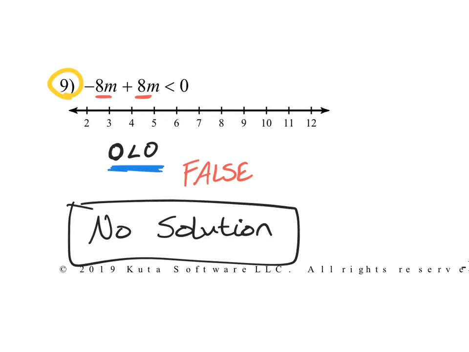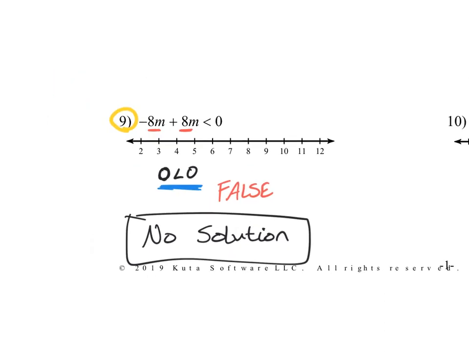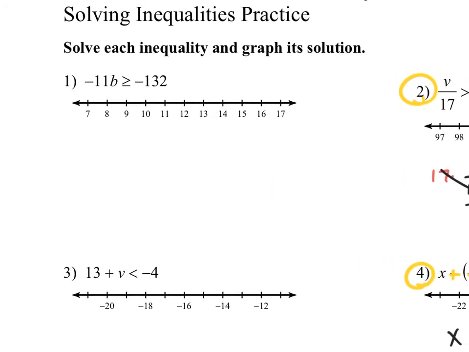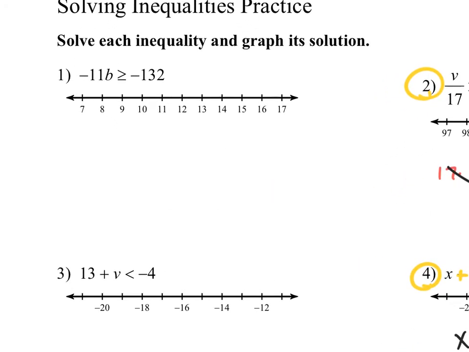Okay? Now, as one final reminder of what we did yesterday, I want to go back and look at number 1, okay? Now, the thing with number 1, as you look at it, you have negative 11b is greater than or equal to negative 132, right?